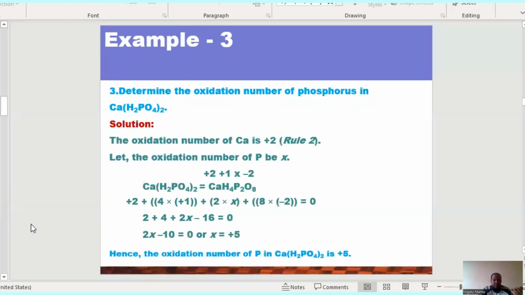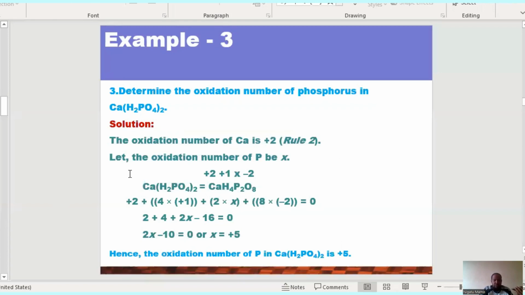Next, example number 3. Determine the oxidation number of phosphorus in Ca(H2PO4)2. Solution: the oxidation number of calcium is positive 2 because it is a group 2A metal. Refer to rule number 2.